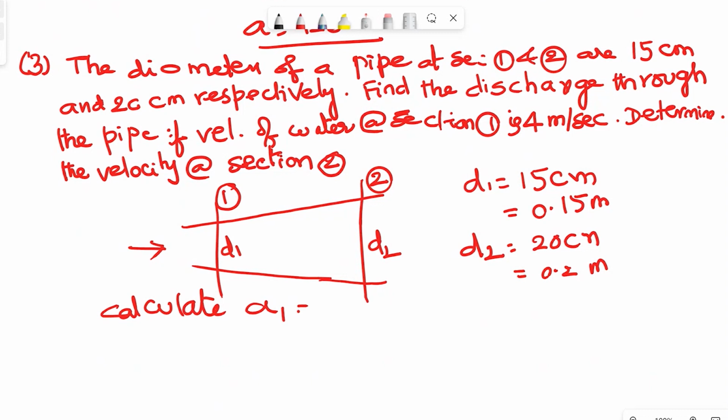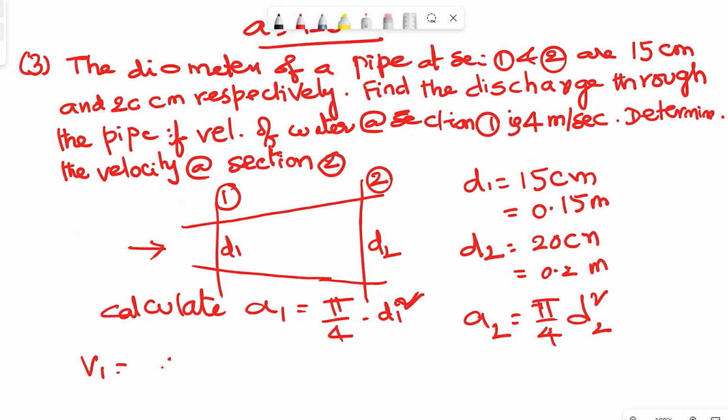So calculate A1, which is equal to pi by 4 into D1 square. A2 is equal to pi by 4 into D2 square. So calculate A1, A2. Then velocity at section 1 is given as 4 meters per second.